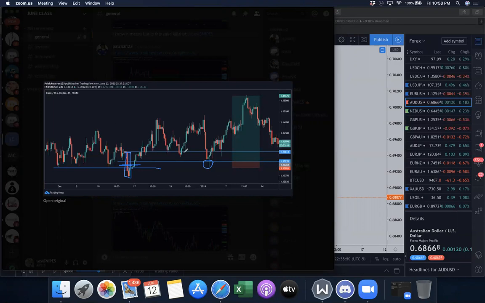Yeah, so you see how this is on the 4-hour? So this stop loss would have needed to be below this low. So stop loss would have been below the low, entry was here. So really this stop loss should be like this, which is way bigger.